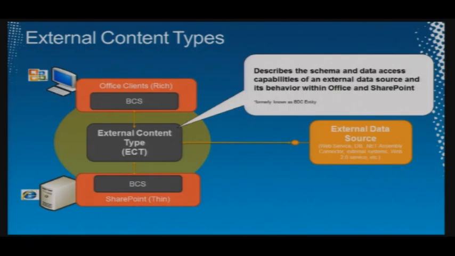In the case of things like Word, it's actually using it natively. There's obviously also the ability to use BCS here in SharePoint and then connect that SharePoint list back down into SharePoint workspaces. So that's a slightly different pattern to actually natively using BCS in the Office application.